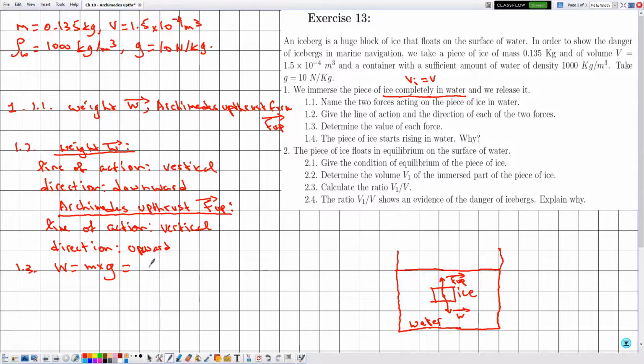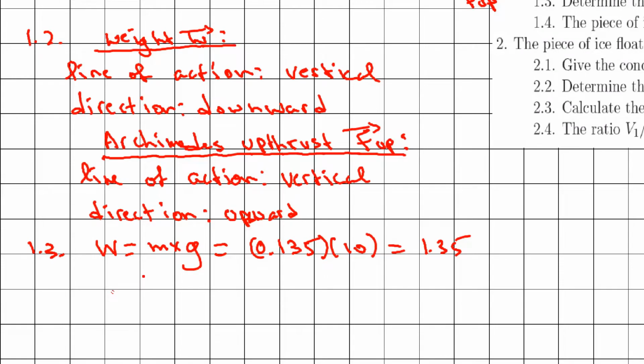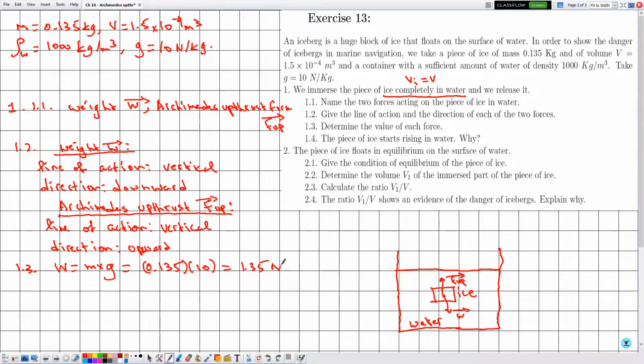So the value of m is 0.135, and the value of g in the SI is 10. Plugging this on the calculator, the value of the weight is 1.35. Since everything is expressed in the SI, W will be expressed in newtons. So the value of the weight is 1.35 newtons.